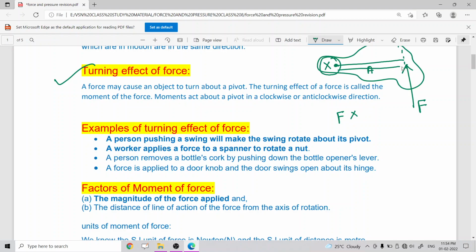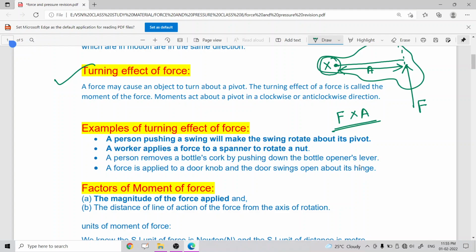Suppose this distance is A, so F into A is the moment of force. Due to this moment of force, we get the turning effect of force. The moment that acts about a pivot in a clockwise or anti-clockwise direction may be positive or negative, depending on the direction in which we get the turning effect.